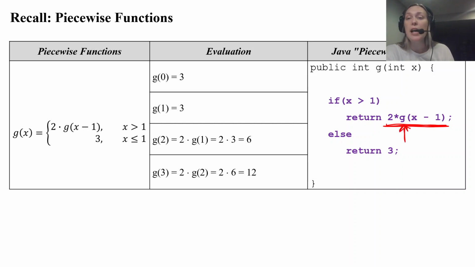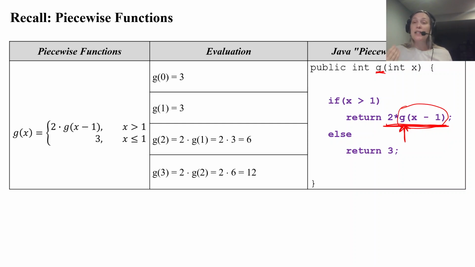This g is not a variable, right? g is my method. So when I have this right here, this is a method call. So the method calls on itself. It calls on itself and it says, hey self, I need you to evaluate this for 1 less than the x value I'm currently at. All right? That's your recursive method.